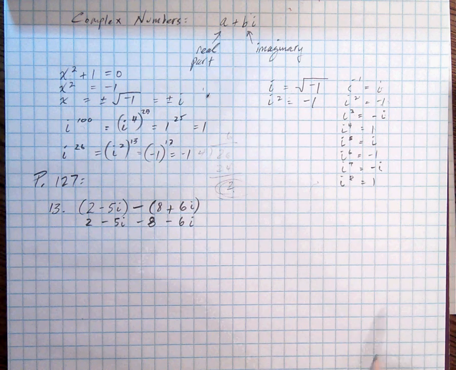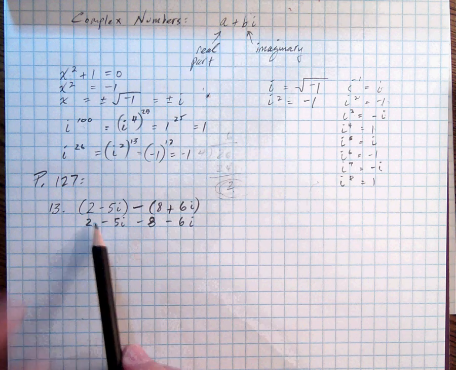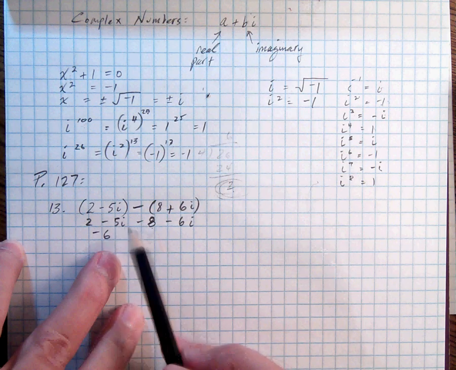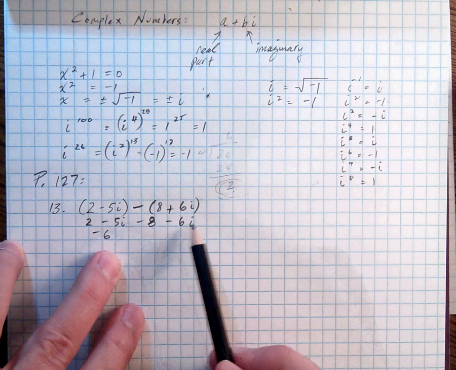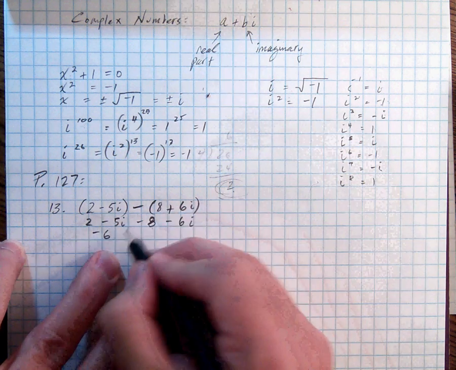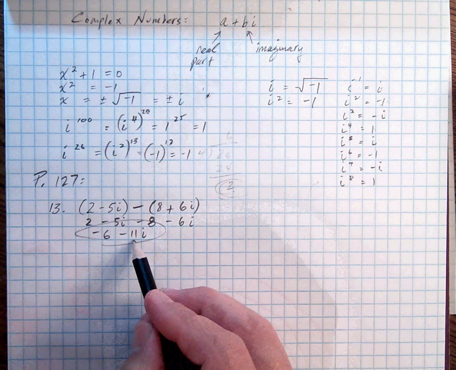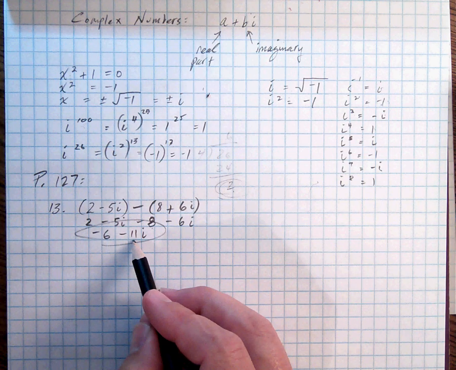Right, now I just combine the real parts. So 2 minus 8 is what? Negative 6. And negative 5i minus 6i is minus 11i. And that's going to be your simplified solution.